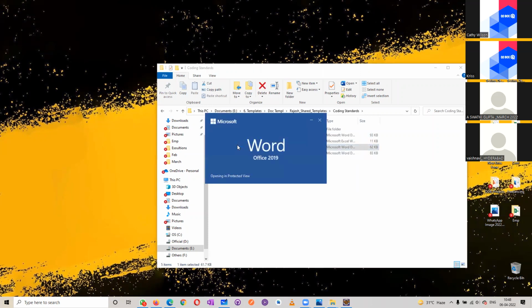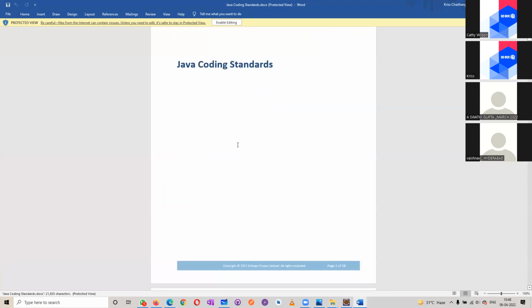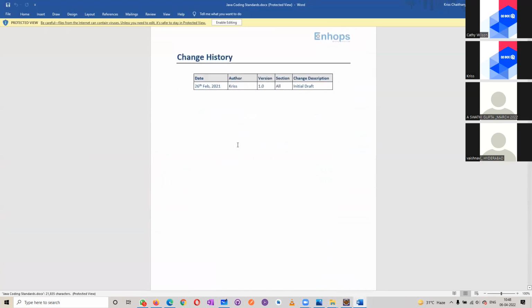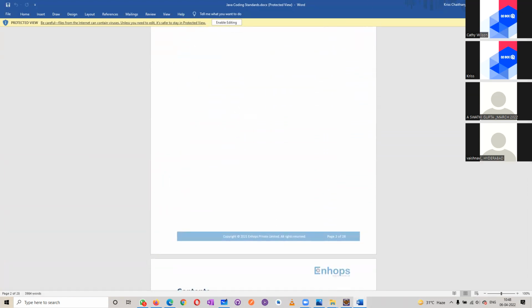If you see here, this is the coding standards which we will be following. For example, if it is Java, see, now I showed you, right? If it is Python, we have different standards. If it is C#, it is different. If it is Java, it would be different.